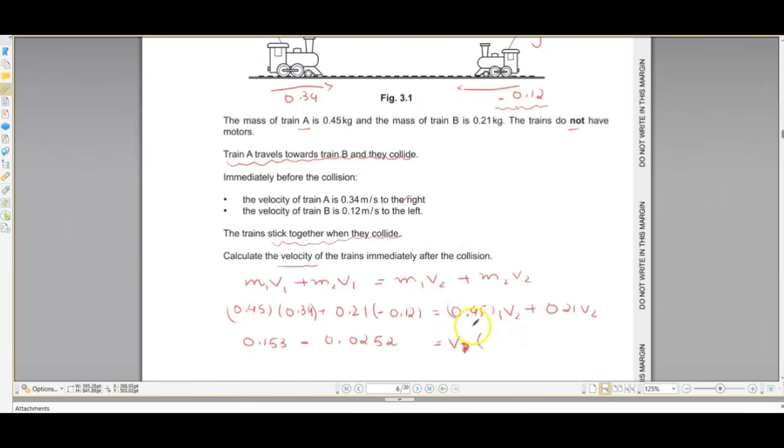let's name it vt, and then 0.21. So this gives us 0.1098, and this gives us 0.45 plus 0.21, which is 0.66.